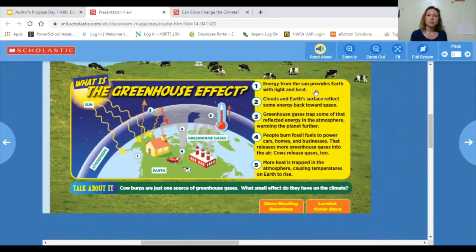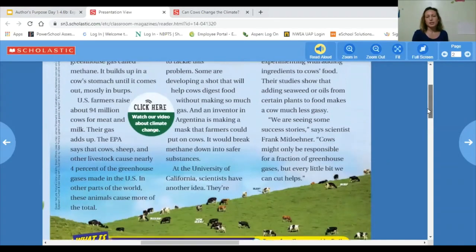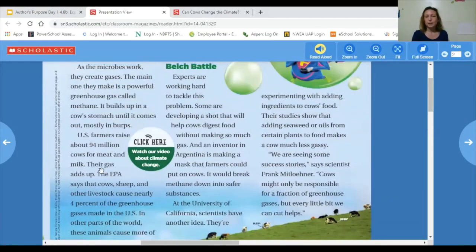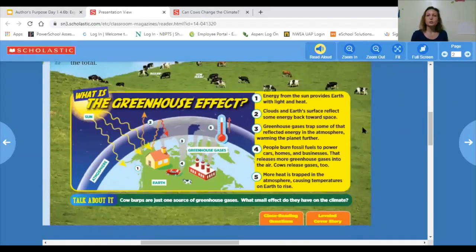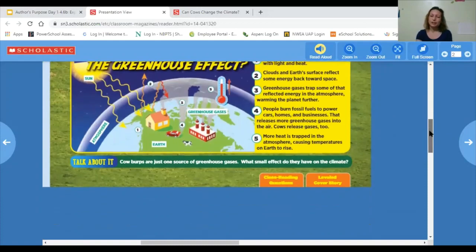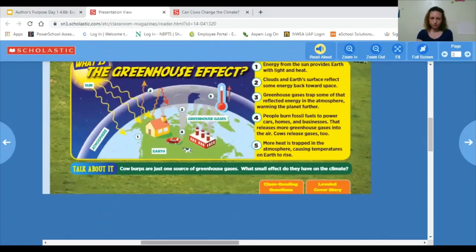So here, it's explaining to me how the Earth is heating up, how greenhouse gases cause the Earth to heat up. So this was written to explain. Up here, it was giving me information about the greenhouse gases affecting the environment. Down here, it was explaining to me how exactly that works.